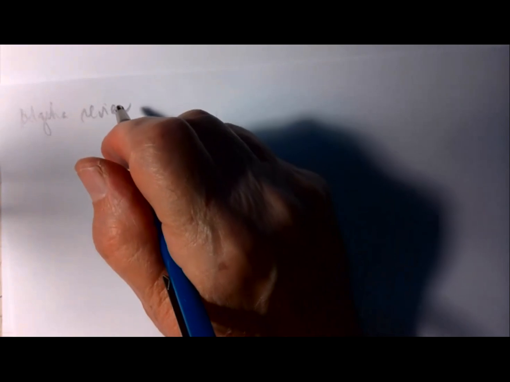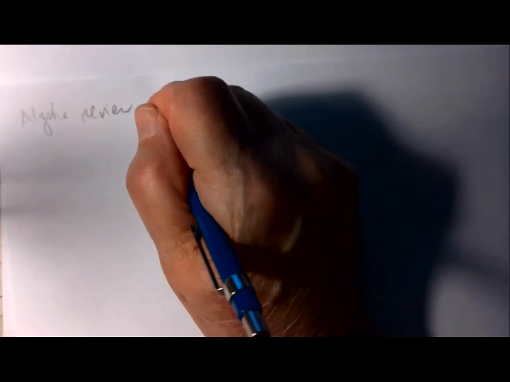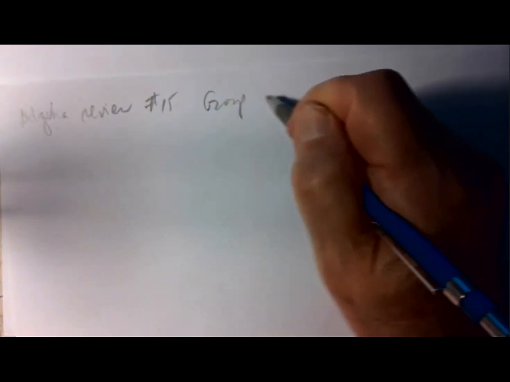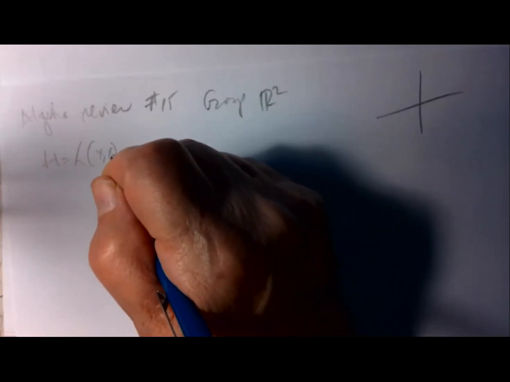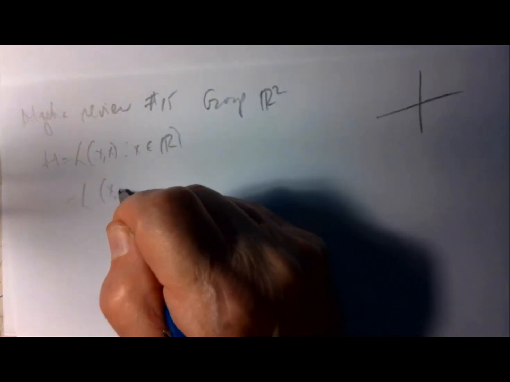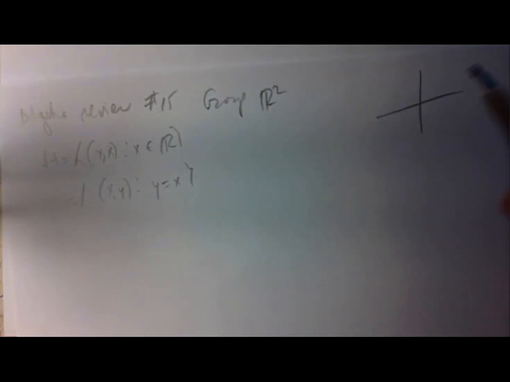Algebra review. Problem 15. So the group is R2, just the ordinary XY plane. And we let H be the set of all points X comma X. So that's the same as the set of all points XY, where Y is equal to X. So we want to show this is a subgroup.